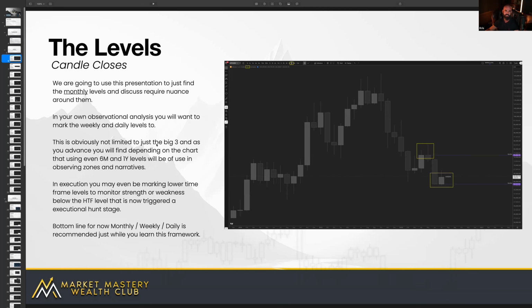So this is obviously not limited to just the big three. As you advance, you'll find, depending on the chart, that you can use the 6 month, the 1 year, for really old things like Bitcoin and stocks. And we'll be able to use them to observe zones and narratives as well. What I will say is, as this becomes just your normal routine, and it should, try different time frames.